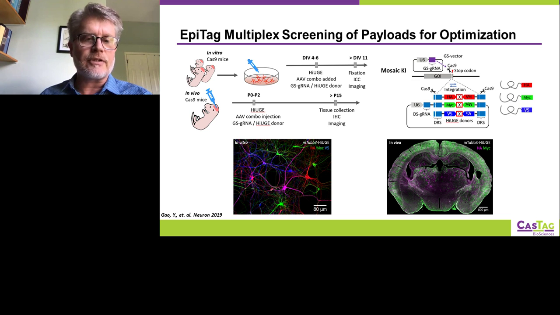So this is an example of cultured neurons where you can see with 3 different colors we've detected the 3 different epitope tags that we've simultaneously introduced, kind of mosaically, into these neurons of interest.